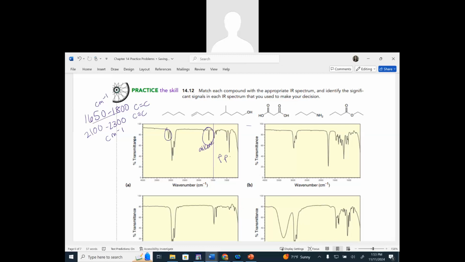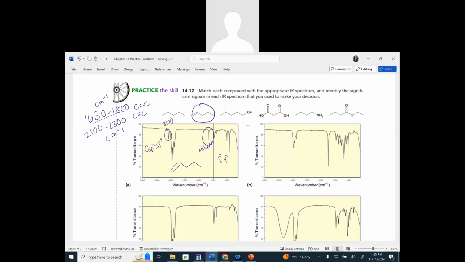So together, this being an sp2 hybridized carbon bonded to a hydrogen in this region around 3100. So we would use both of these signals to determine that this structure here would be what's represented in this spectra.